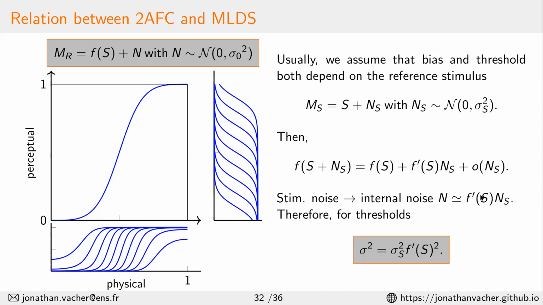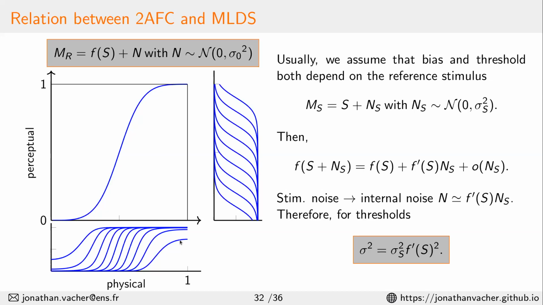And this means that in the Gaussian hypothesis, though this is not necessarily needed, you end up with this relation, which means that the noise that you have in the MLDS approach is the same as the product of the stimulus noise times the derivative of this function.